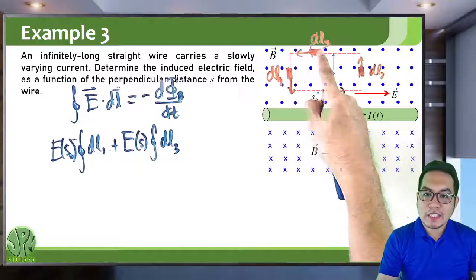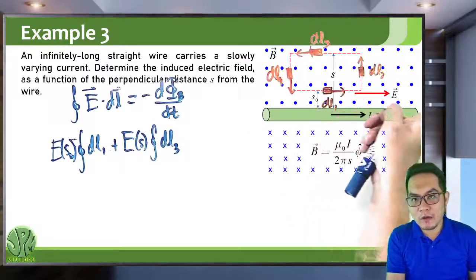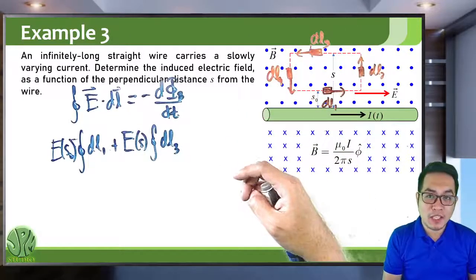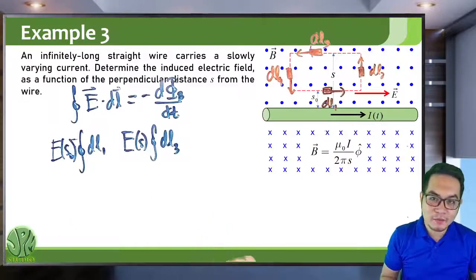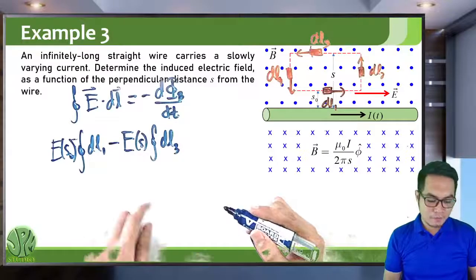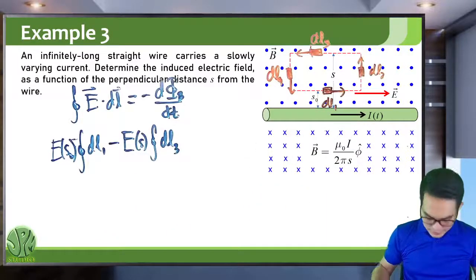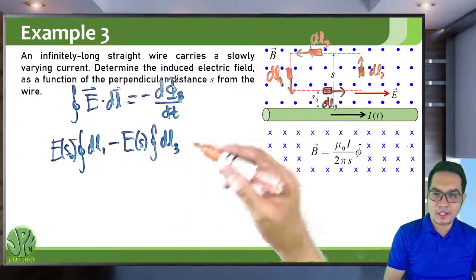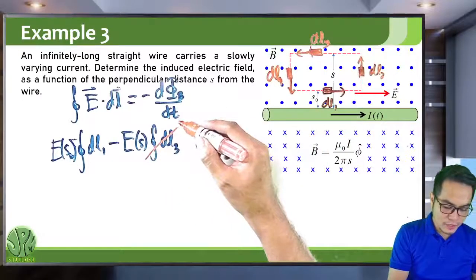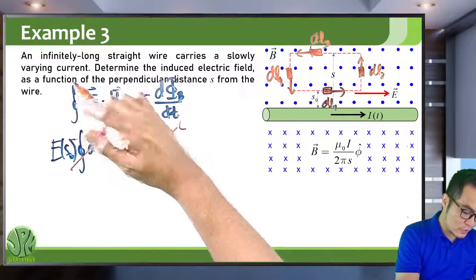But for E dot dl3, dl3 is in the negative z-axis, while E is along the positive z-axis. So the angle between them is 180 degrees, which makes a negative E dot dl. So negative E at S dl3. Of course, let's assume the total length of dl3 is just L, and the total length of dl1 is also L. So I'm just going to use small l.